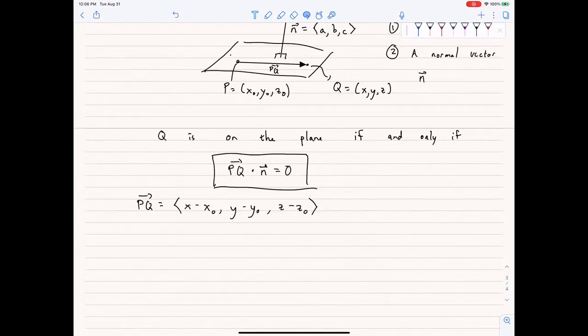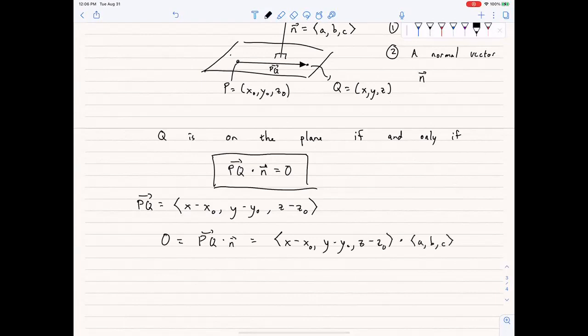So 0 equals PQ dot N, this is going to equal this vector, x minus x naught, y minus y naught, z minus z naught, dot ABC.